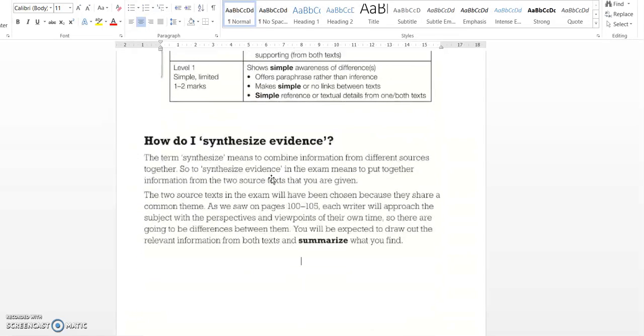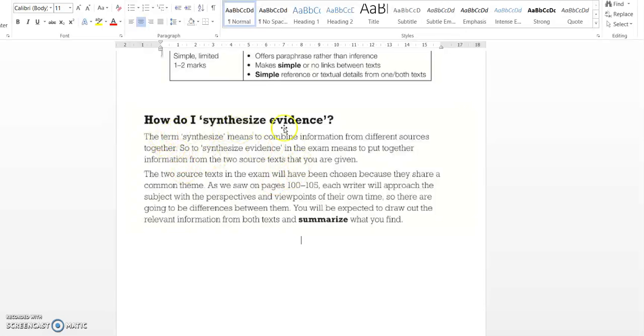Okay, so the skill of synthesizing. I think this is quite a good little explanation. How do I synthesize evidence? The term synthesize means to combine information from different sources together. So to synthesize evidence in the exam means to put together information from the 2 source texts that you are given. The 2 source texts in the exam will have been chosen because they share a common theme. Each writer will approach the subject with the perspectives and viewpoints of their own time, so there are going to be differences between them.